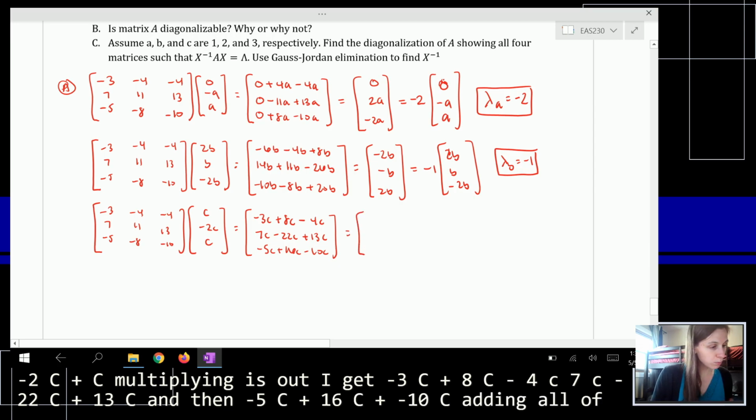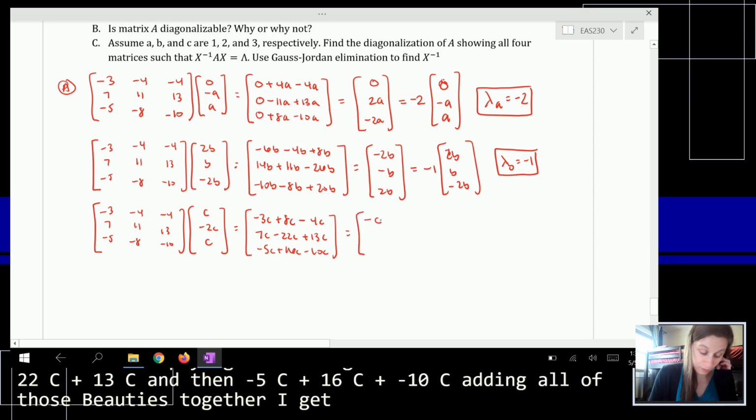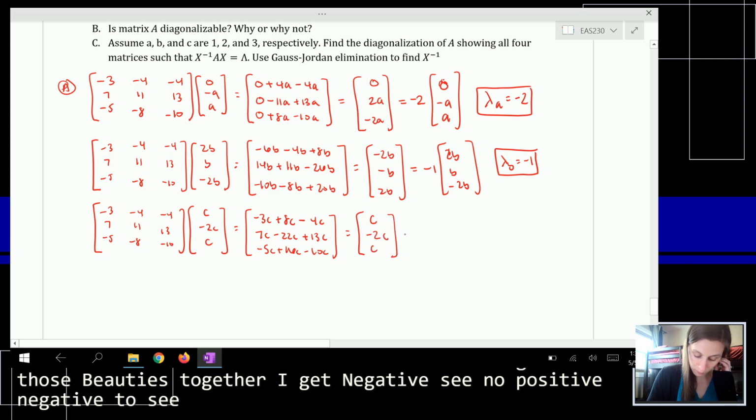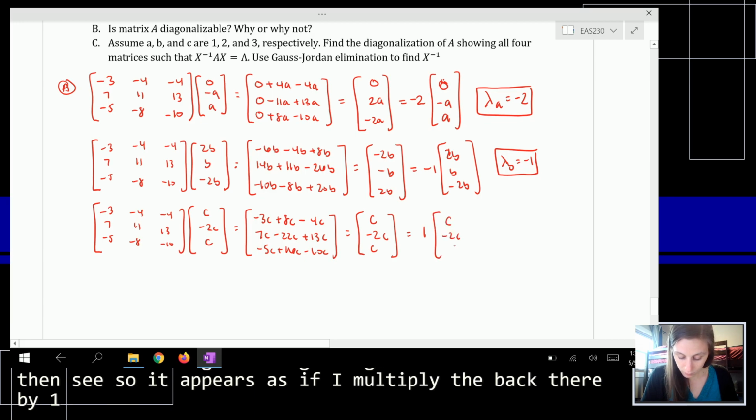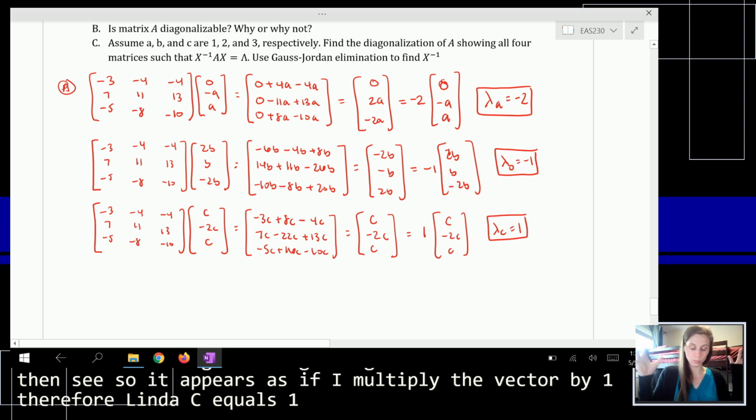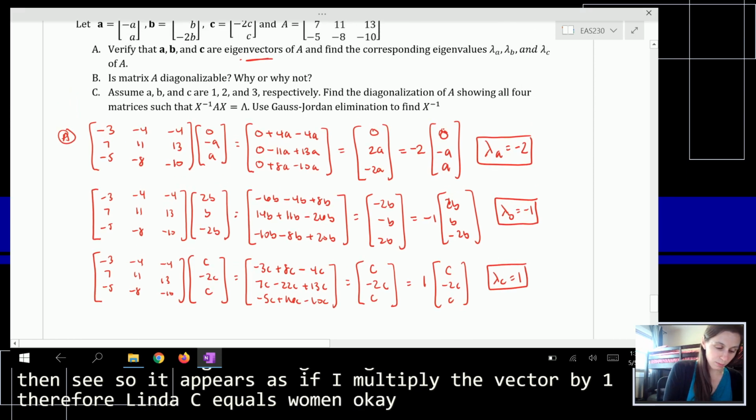Adding all of those together, I get negative c, positive c, negative 2c, and then c. So it appears as if I multiplied the vector by 1. Therefore, lambda c equals 1. Okay, done.